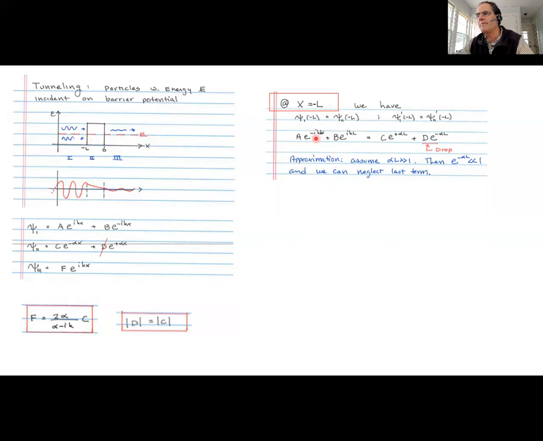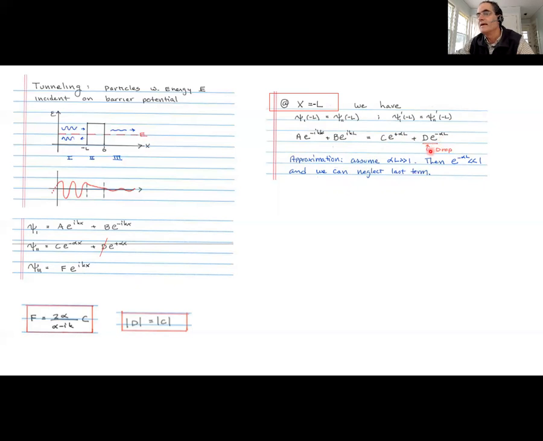Now, it looks more complicated because we can't drop out the exponential terms because we're not at x equals 0, we're at x equals minus L. And we get a times e to the minus ikL plus b times e to the plus ikL. Remember, x was minus L. That's why the exponents seem to have changed sign. Anyway, this is going to be equal to c times e to the plus alpha L plus d times e to the minus alpha L.